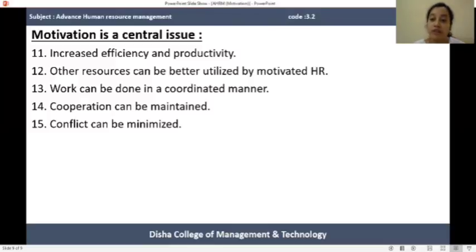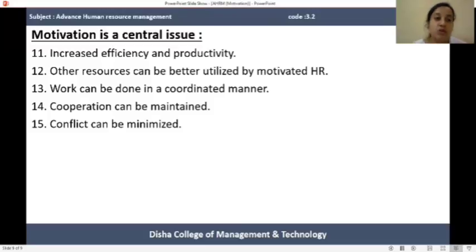So for developing the organization, they want to do everything in the most perfect way, and they put in their effort. They use all their potential to increase the efficiency and productivity of the organization.